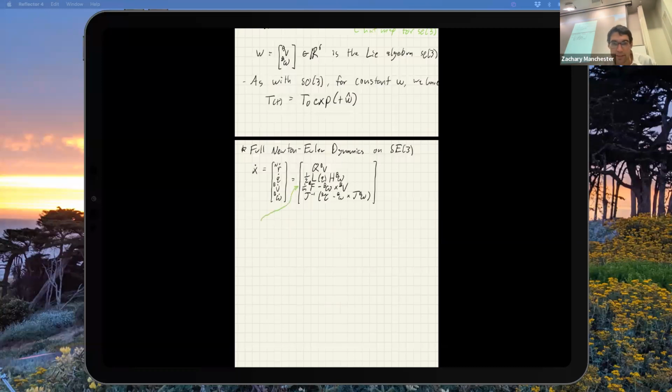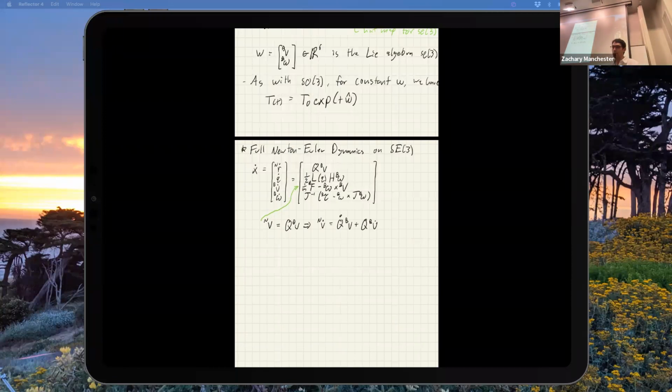Okay, so the way this works is, I'm going to write down V in the N frame equals Q times V in the B frame. That's super clear. That's the top line. Now I'm going to differentiate this with respect to time on both sides. So I'm going to get V dot N equals Q dot V B plus Q V dot B. Cool.